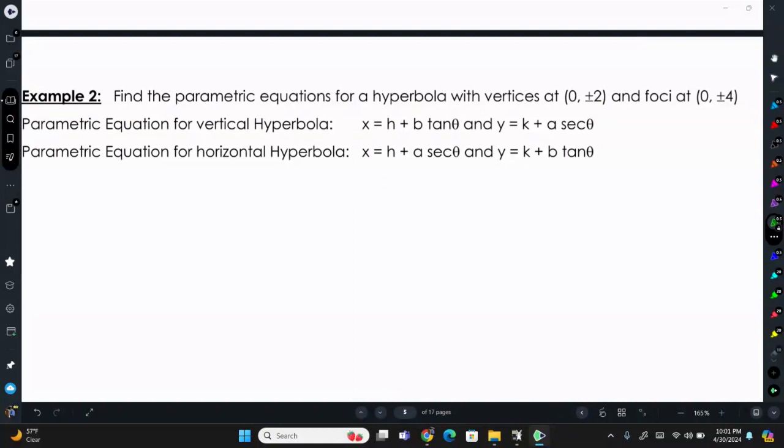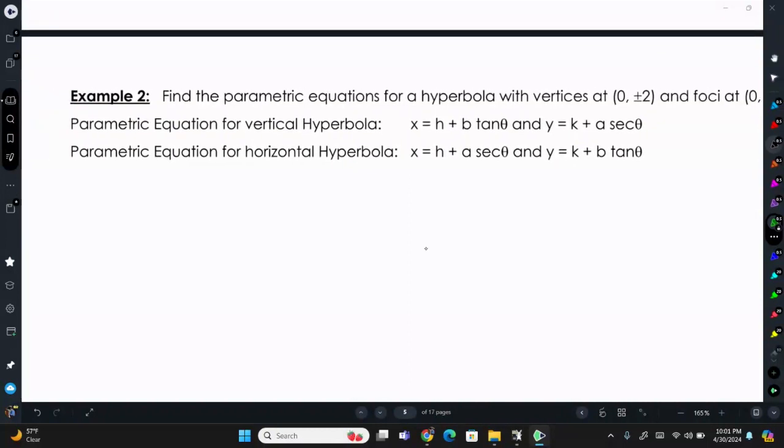So we're going to do the exact same process here that we did previously, and that's draw a sketch. Vertices at 0 plus or minus 2, so 0, 2, and 0, negative 2. That tells us that this is a vertical hyperbola.